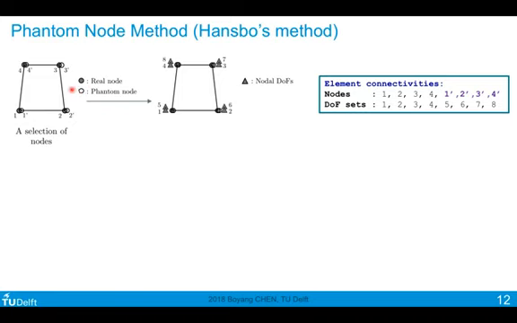We make the difference between real node and phantom node. A real node is the node that appears from the beginning when you create the input file, when you create the geometry and you mesh. You generate the real node with the nodal coordinates and the default degrees of freedom. Then you create the so-called phantom nodes, which is just a double of the existing real nodes.